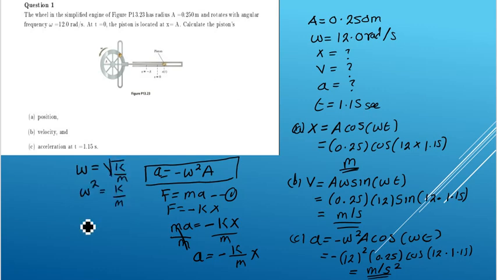So where there is k over m, I can replace it with omega squared, so it's going to be negative omega squared x.